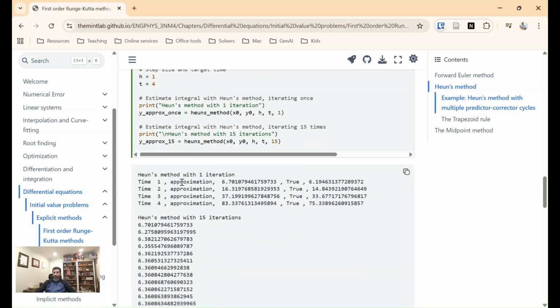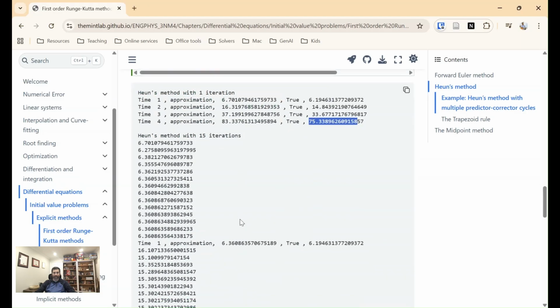What we're going to get is the first time approximation is this, right? Our true value is, not bad, right? Second time is this. True value is, okay, that's kind of different. And at time 4, we've got 83 compared to 75, if you can't make that out.